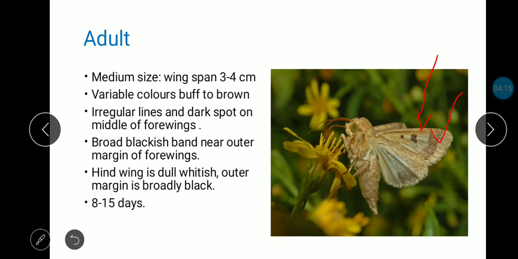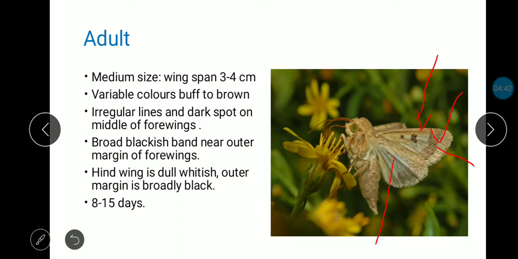The forewings also have a broad blackish band near the outer margin. In this way it is a dark band. The hindwing is dull whitish in color and the outer margin is broadly black. This is a hindwing.